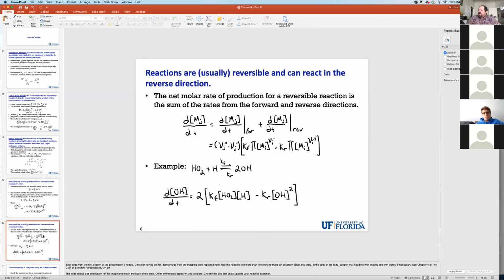Now, the net molar rate of production is just the sum of the forward rate of production and the reverse rate of production.